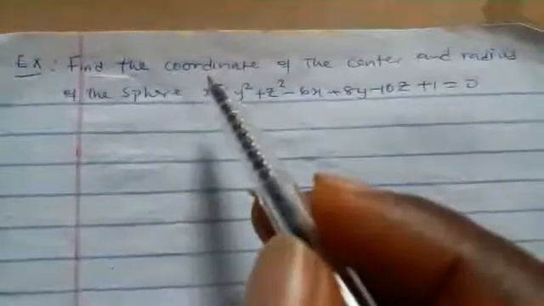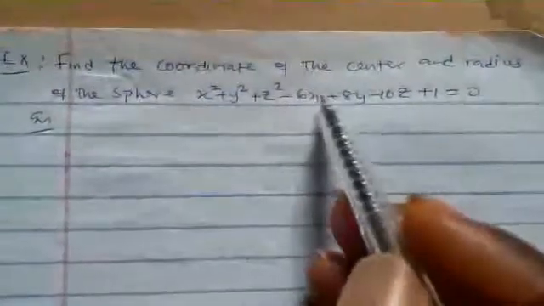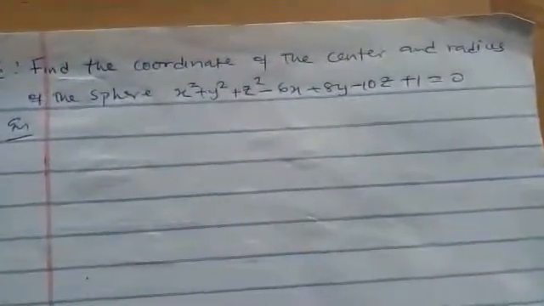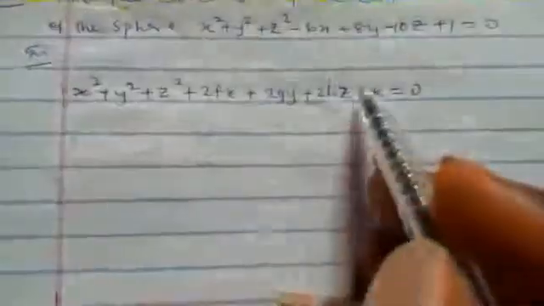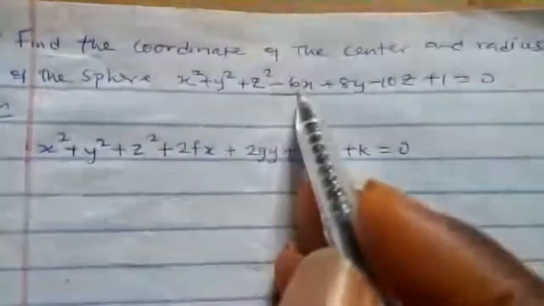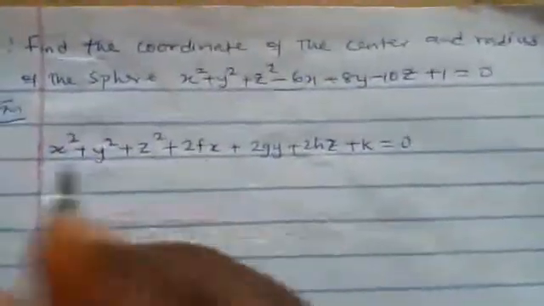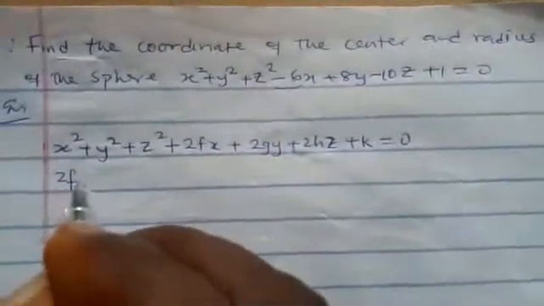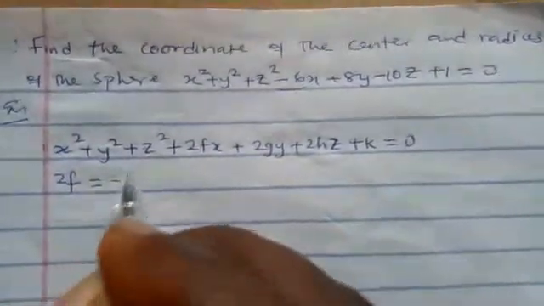Find the coordinates of the center and radius of this sphere. You can do it in two ways. The first way is we need to recall the general form of the sphere, that is this. Now, if you compare it, you see that minus 6 is the coefficient of x here. So therefore, we can now say that 2f is equal to minus 6.